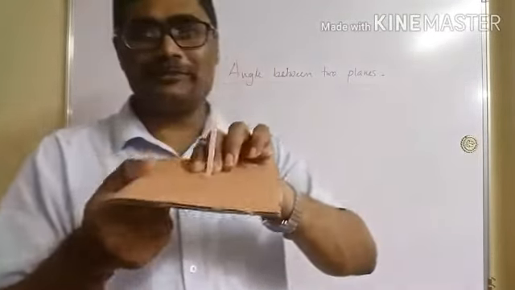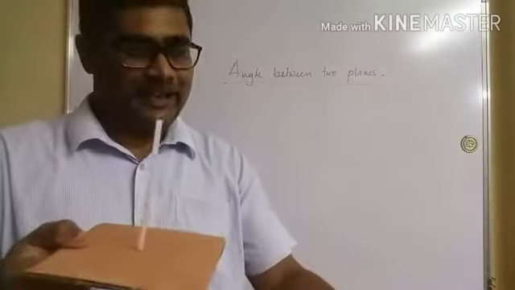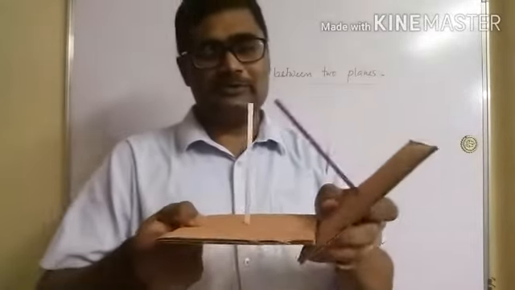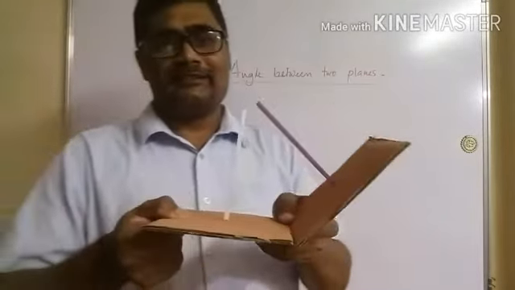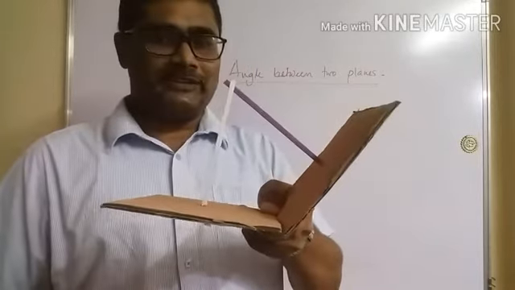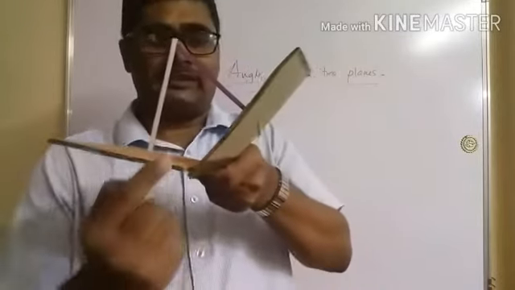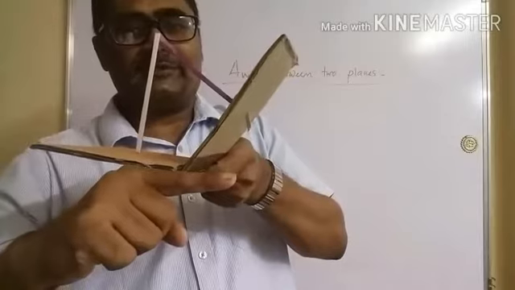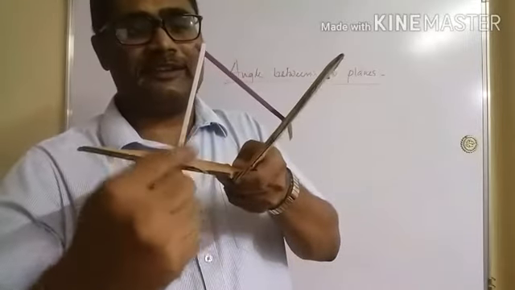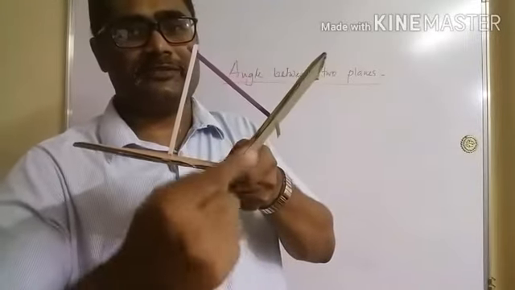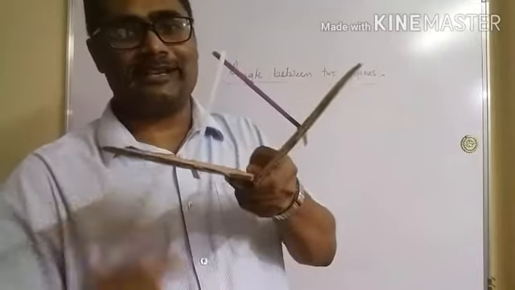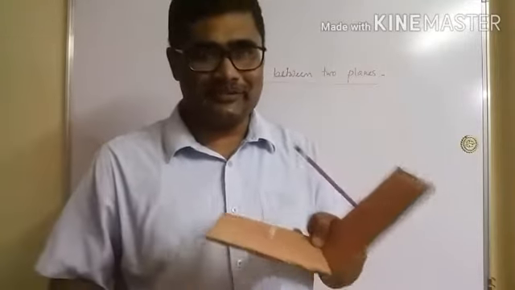This is a normal to it, right? And now suppose you are going to find the angle between these two planes. See, I am not considering this part this time. If I find this angle, automatically this will be found, and if I find this angle, automatically this will be found. Did you get me?